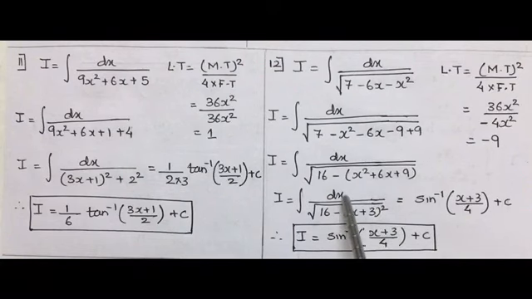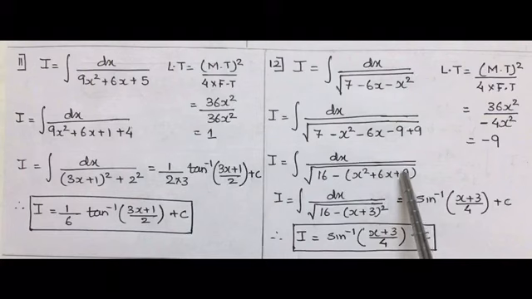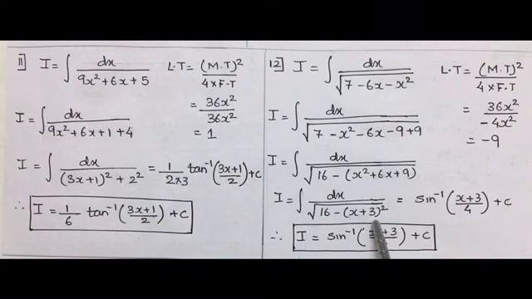So finally we get the integration as 1 upon under root 16 minus, this whole thing, x plus 3 whole square. Now as it is in the form of under root a square minus x square, it is the last form of the standard integration in the list, that is sine inverse x upon a plus c.